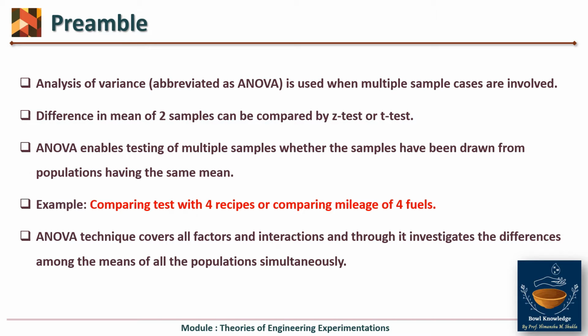If the sample size of your study is 165, let's say, that is one sample. But if for that 165 you are taking 10 samples of 16 articles each, then it is called a case of multiple samples. In whatever study multiple sample cases are involved, ANOVA is applicable.